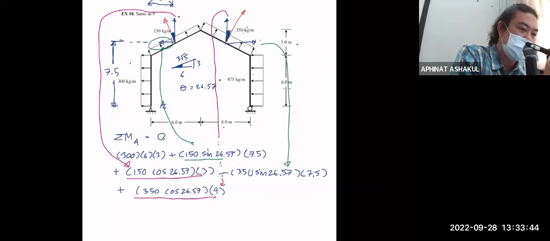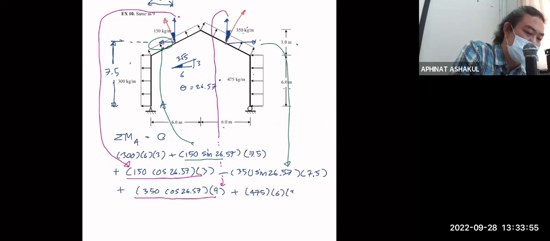Okay, and then another one plus 475 multiplied by 6 multiplied by 3, and plus the reaction, let's call that A, B, C, D, E, RE multiplied by 12 equal to 0.